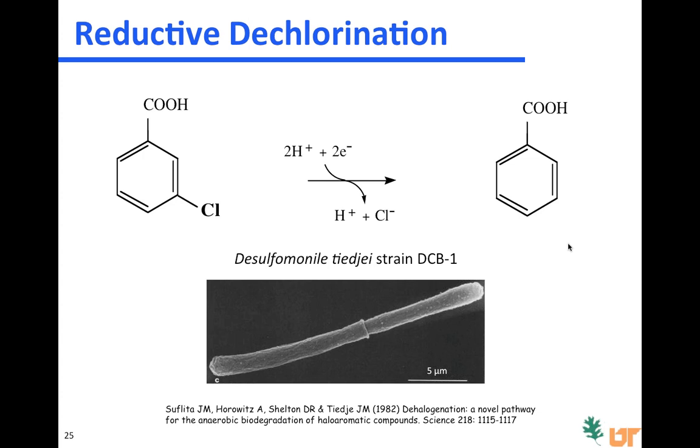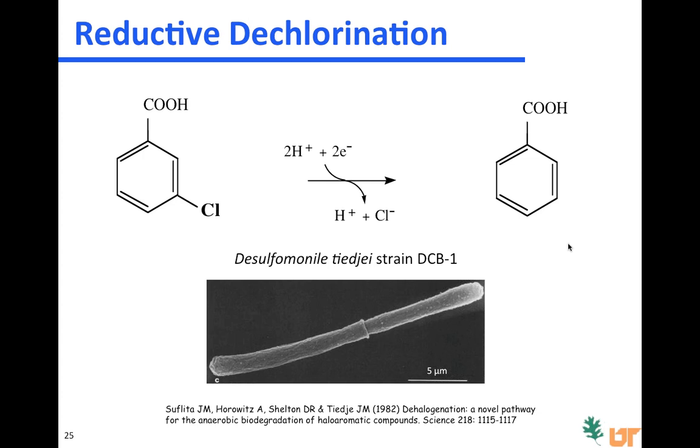On the next slide, I have an example for reductive dechlorination. This was first described back in '82, but it took a long time before people realized the significance of this finding. At the time, people did experiments with 3-chlorobenzoate, and that was reductively dechlorinated to benzoate.